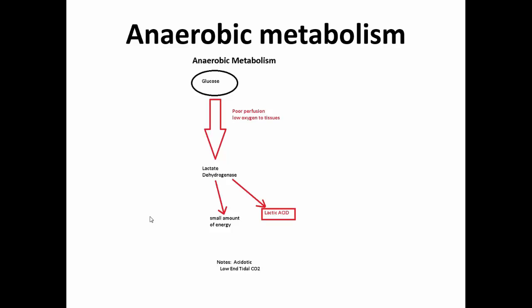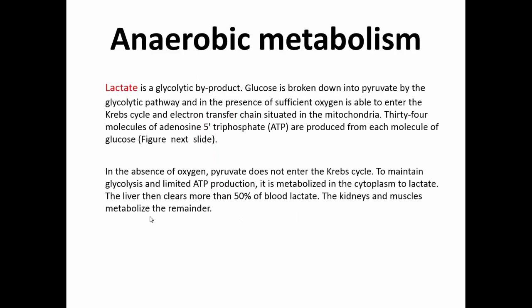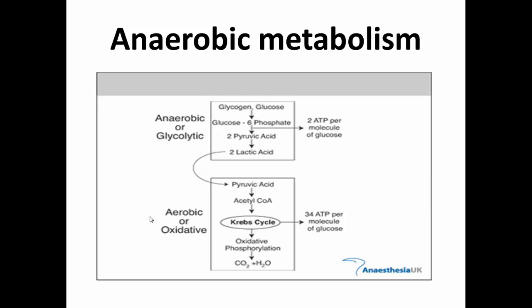Glucose is metabolized using lactate dehydrogenase, which leads to lactic acid and a small amount of energy. So you become acidotic, you breathe faster to try to blow off this acid, and you end up with a low end-tidal CO2. And this talks about the same situation that we just described. And again, this is more cellular metabolism.